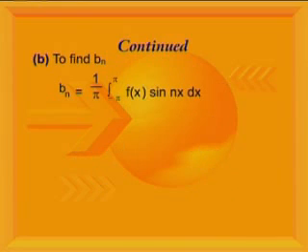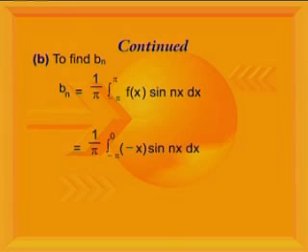Now we will calculate the coefficients bn. For bn, we have bn equal to 1 over pi times the integral of f(x) sin nx with respect to x from -pi to pi. Again, we will be integrating only over the interval from -pi to 0, because for the other interval, from 0 to pi, this will become 0.